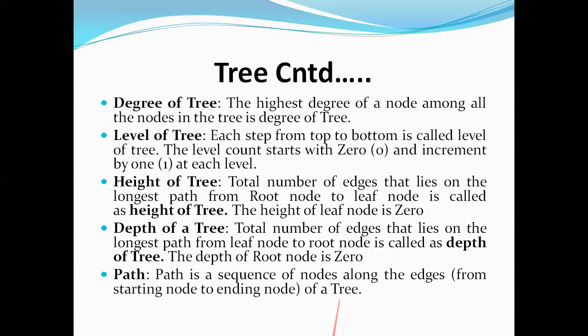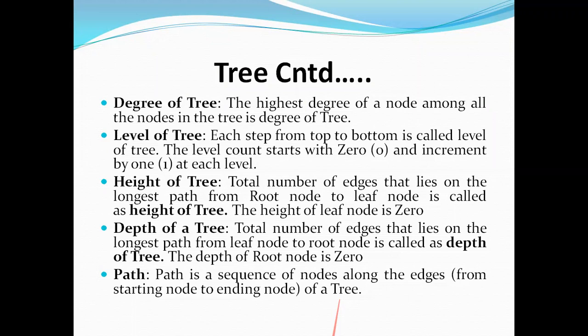Level of a tree means each step from top to bottom is called a level. The level count starts with 0 and increments by 1 after each level. Height of a tree is the total number of edges or lines that lie on the longest path from the root node to the leaf node.